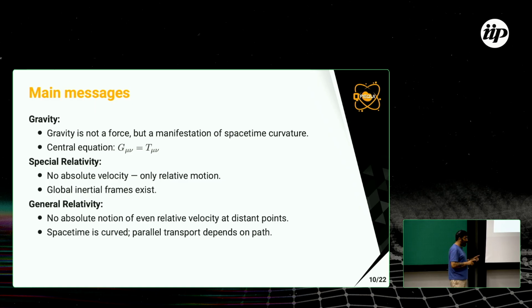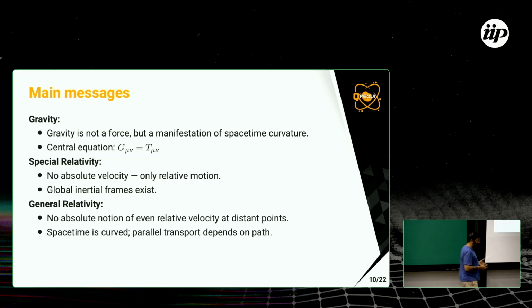Because of vectors, as we saw, there is no way to cover the entire space-time with a single coordinate system. So we must associate to every point in space-time a vector space. Vectors belong to different points in space-time, events in space-time. They belong to different vector spaces. And to compare these guys, we use parallel transport. Parallel transport depends on the path.